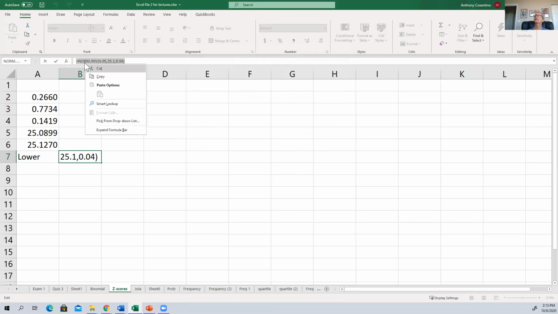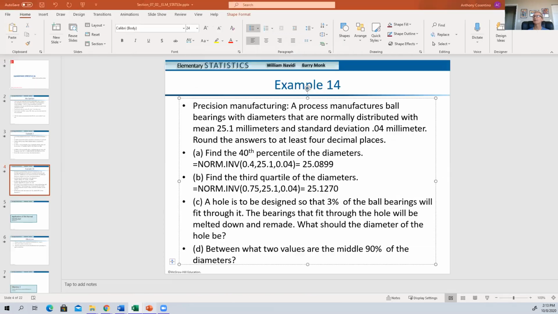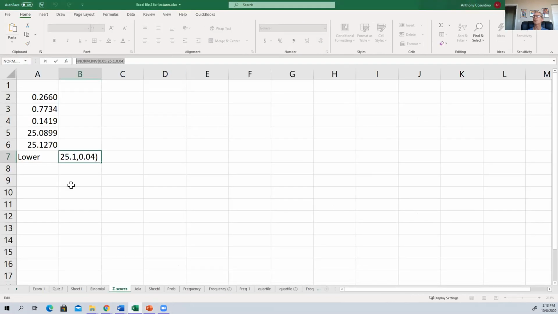So if I copy that and stick that in the presentation for you guys, the lower would be this calculation, and that would equal this number right here.